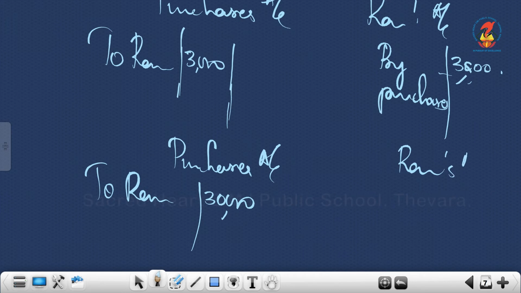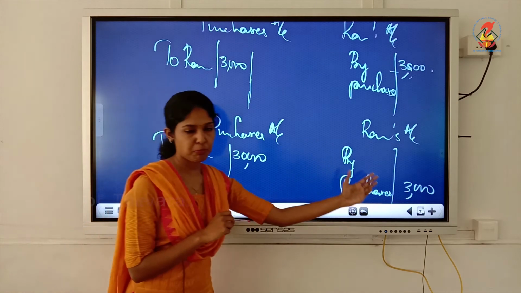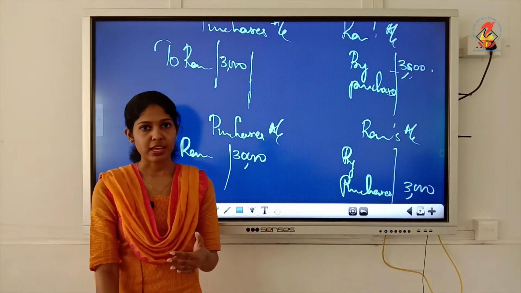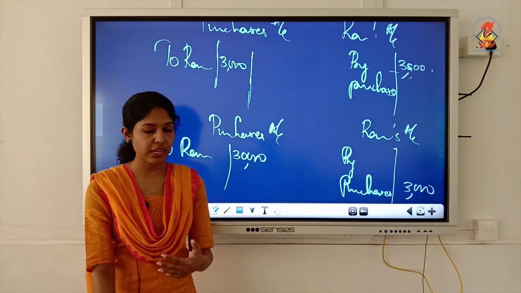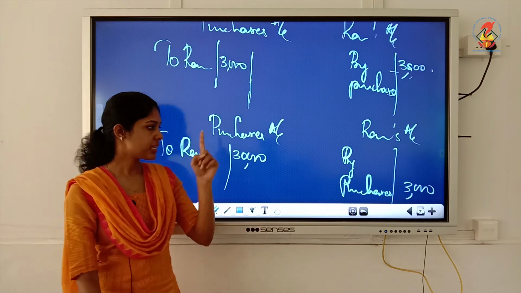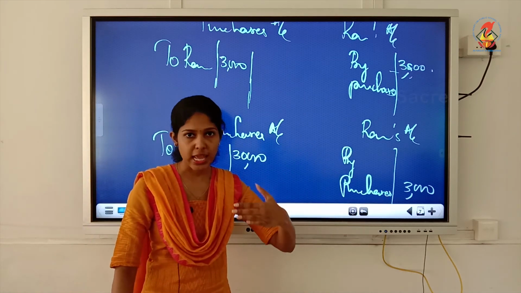Then Ram's account we prepared, and we wrote by purchases on the credit side. There we wrote only 3,000. If this is the posting, this will of course affect the trial balance. Affecting the trial balance means the trial balance will not tally, because the debit side is 30,000 and the credit side is 3,000, so of course it will not tally.